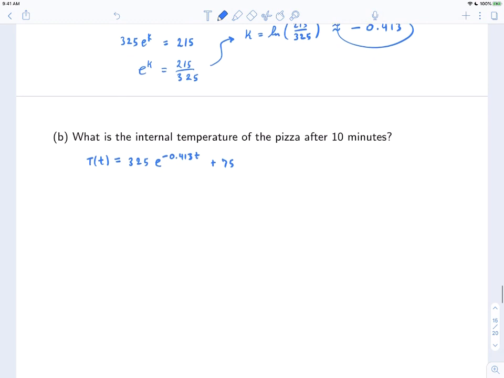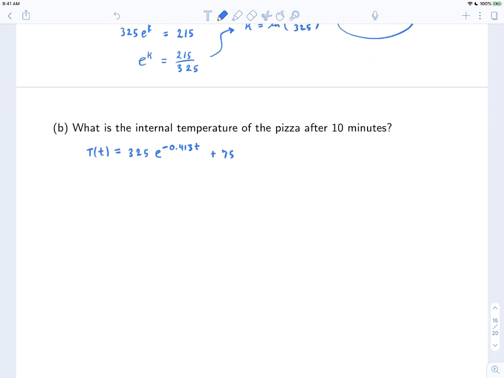So if we want to find the internal temperature of the pizza after 10 minutes, that's simply T evaluated at t equals 10, so let's just highlight it, is equal to 325 times e to the minus 0.413 times 10 plus 75.